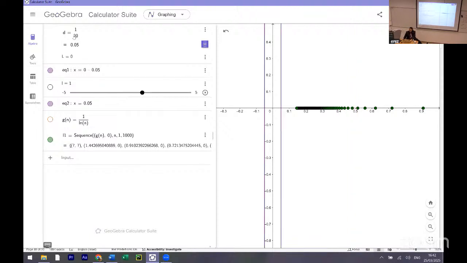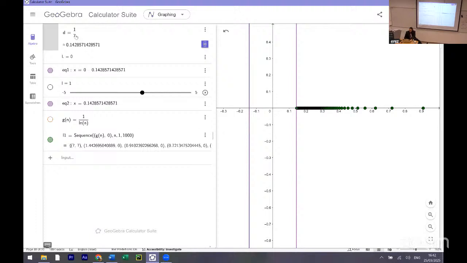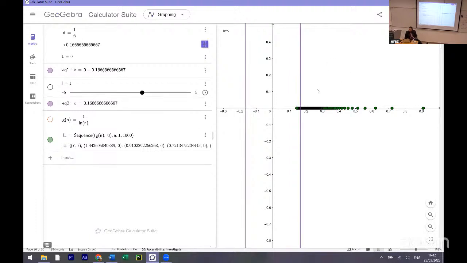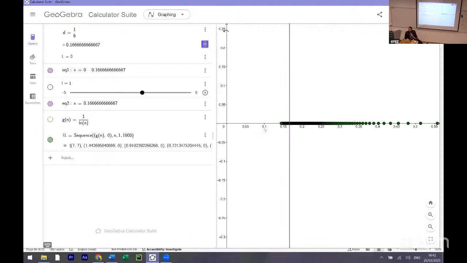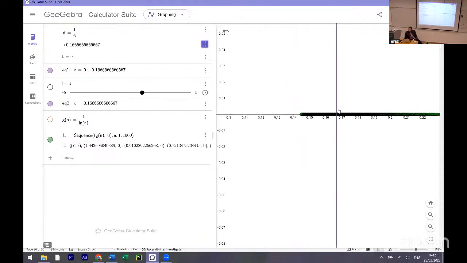Let's take 1 over 7, 1 over 6. Okay, 1 over 6. When we take 1 over 6, we can still see that the k will be less than 1,000. That's the point. When the distance is 1 over 7, the k is larger than 1,000. That's what we will see in a few minutes.